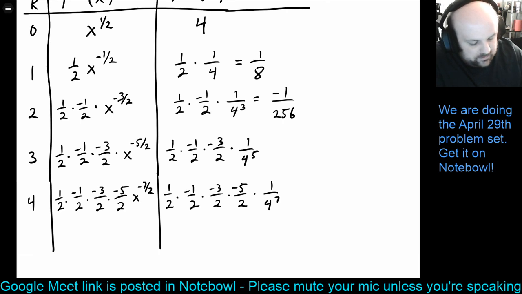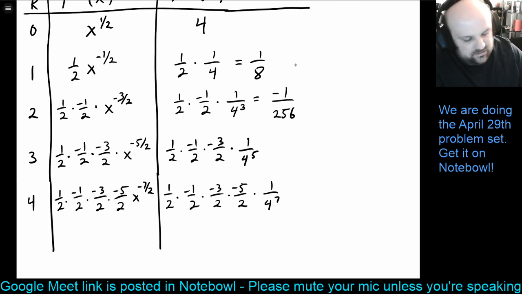If you look at what's happening here, this first term's a little bit odd, because starting from k equals 1, these alternate positive, negative, positive, negative. So it's entirely possible we might just have to leave the first term out.